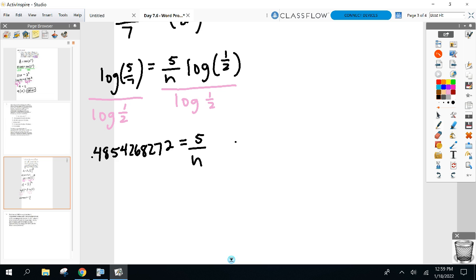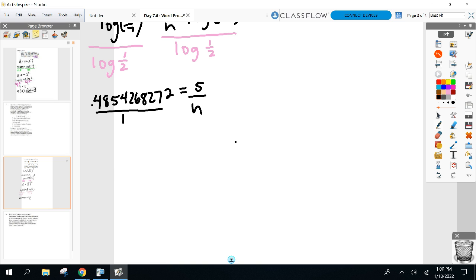Can't multiply by 5. Can't multiply by 1/5. Remember, that's over 1. We might have something there. 0.485426872 times h equals 5.